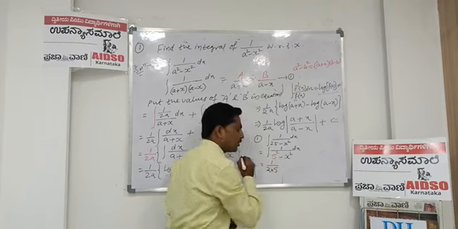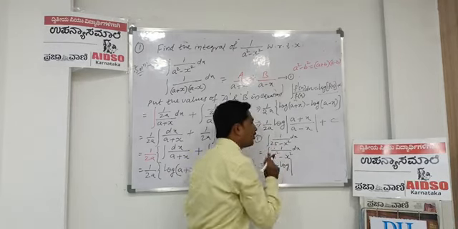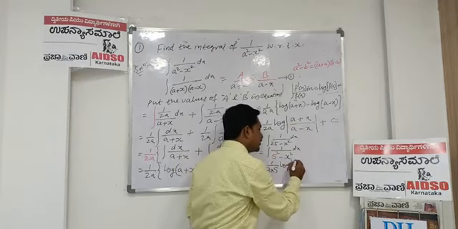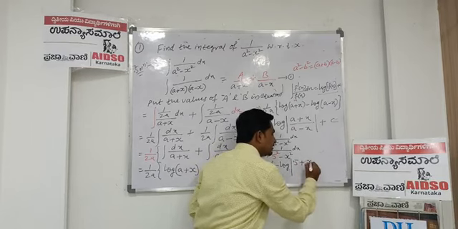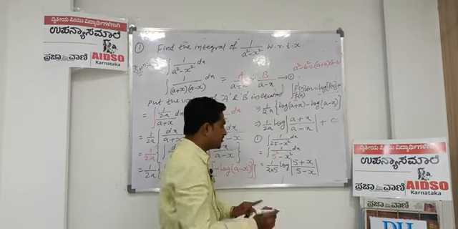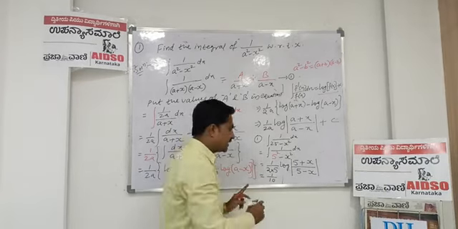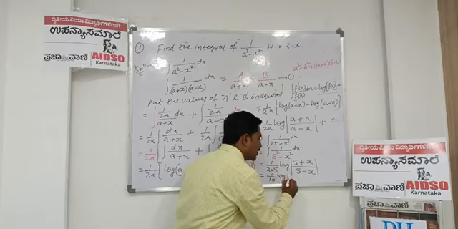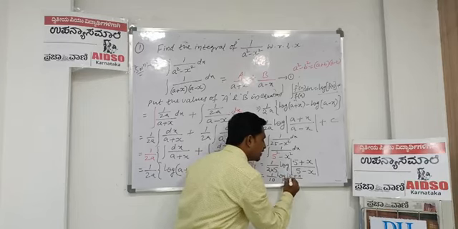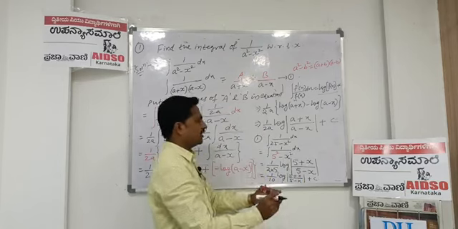So that 1 upon 2 into 5 log, as it is, mod of a value is nothing but 5 plus x divided by 5 minus x. Then in the next step you will be getting 1 upon 10, 2 5s are 10, this is log of 5 plus x divided by 5 minus x plus c is the required answer.